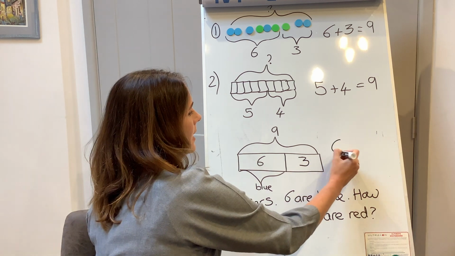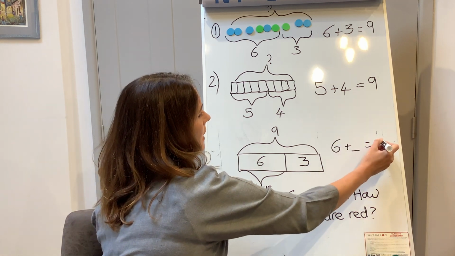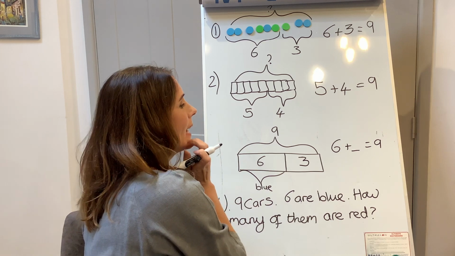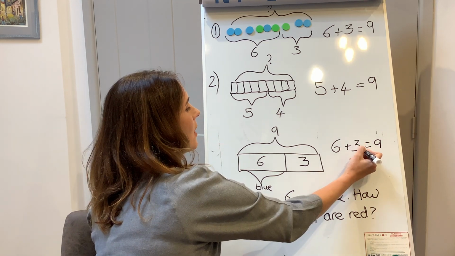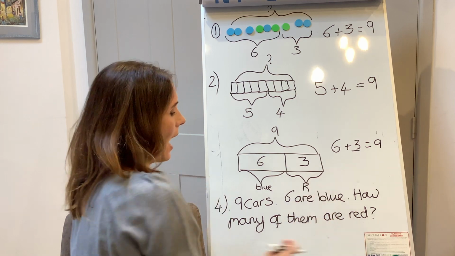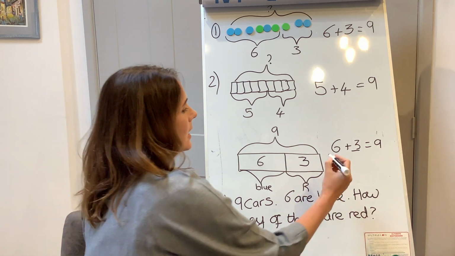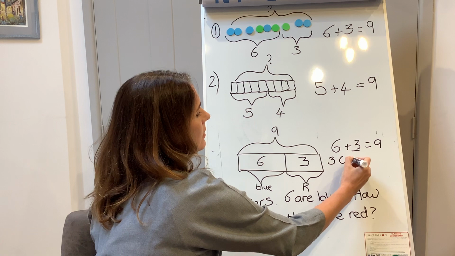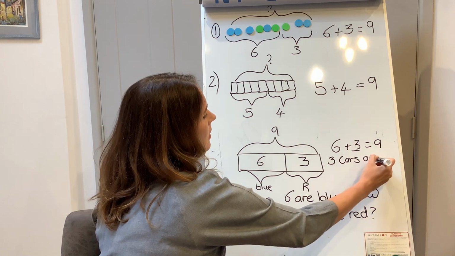So I did 6, add something is equal to 9. So 6 add 3 is equal to 9. So how many of them are red? 3 cars are red.